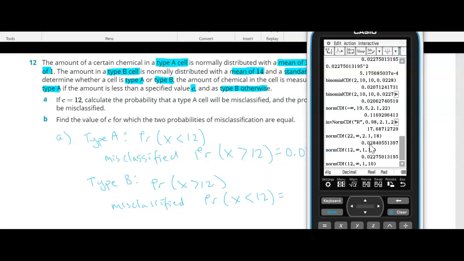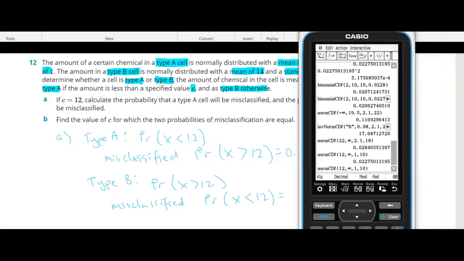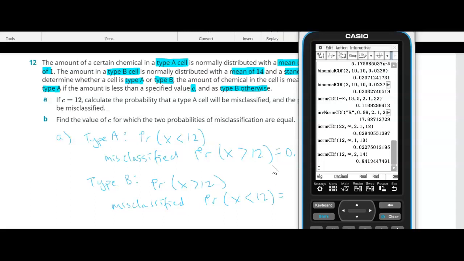Okay, so your mean and standard deviation are different for type B. For type B, your mean is 14 and standard deviation is 2. So let's change the mean to 14 and the standard deviation to 2. I did my values around the wrong way, just realized that, so I'm going to change that around.